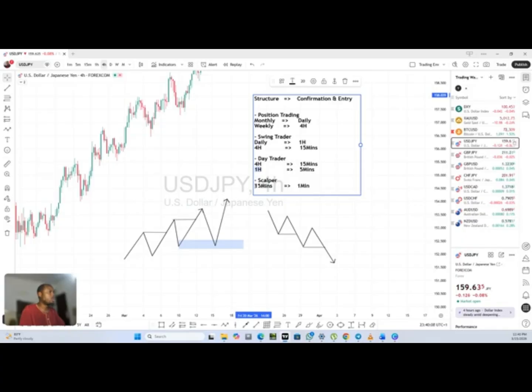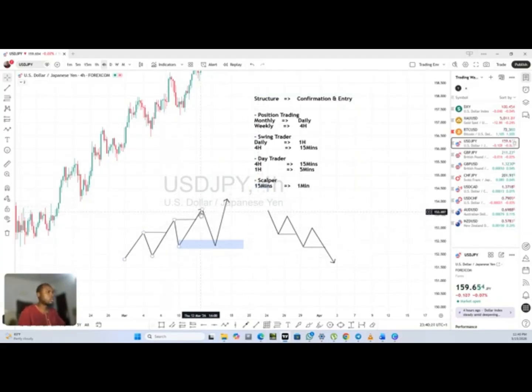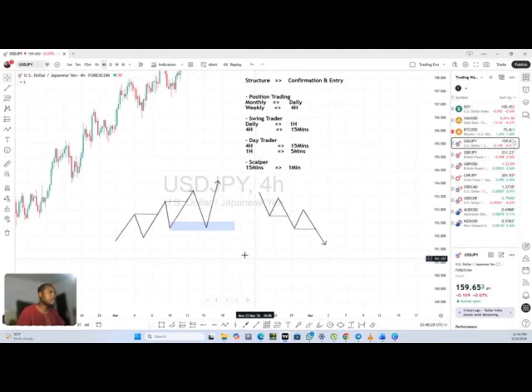If you are going to use 15 minutes and enter the market with 1 minute, you are going to do something like this. Let's say you mark your structure from 15 minutes, drop to 1 minute and look for change of character. Once you get that change of character, then do an entry.